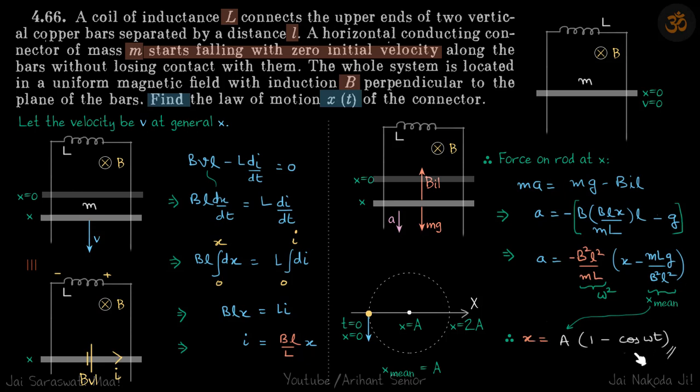So at t equal to 0, x is 0, and then as cos omega t becomes minus 1 eventually, x will become 2a. So that is our answer. Here you put the value of a as this amplitude, and we put the value of omega as this, root of this. All right.